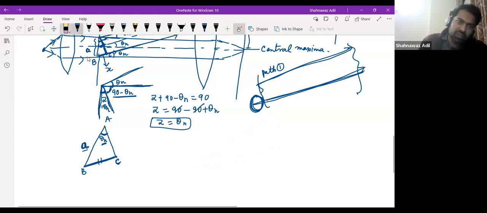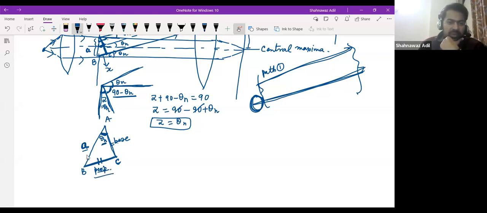If I choose this angle, then this is the base, and this is the perpendicular.